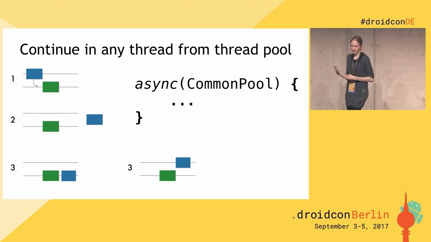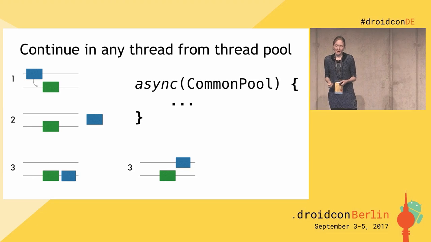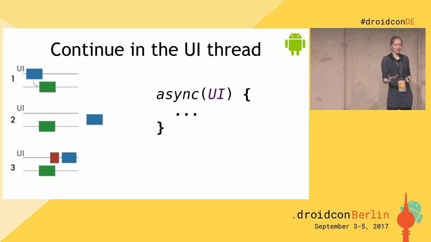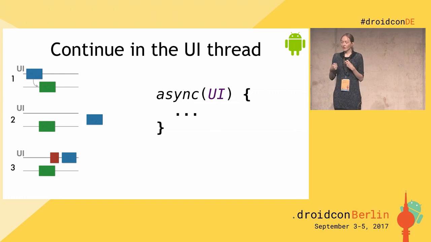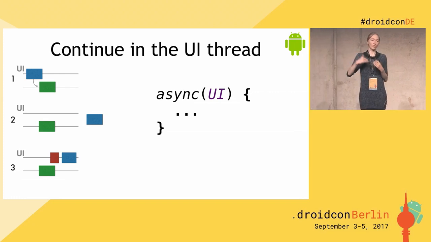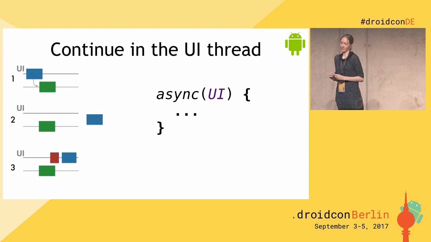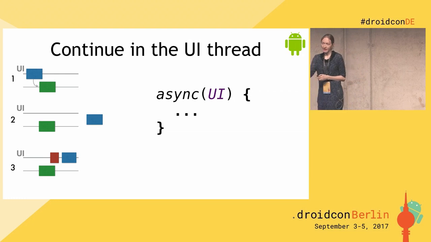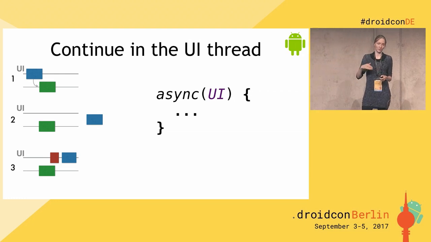So I hope you start to understand how it should work. For Android and for other environments where there is the main UI thread, you can specify that I want to start this computation, and I want it to be run on UI thread only. You just say async UI, and that means that your computation will be started and will be continued only on UI thread.